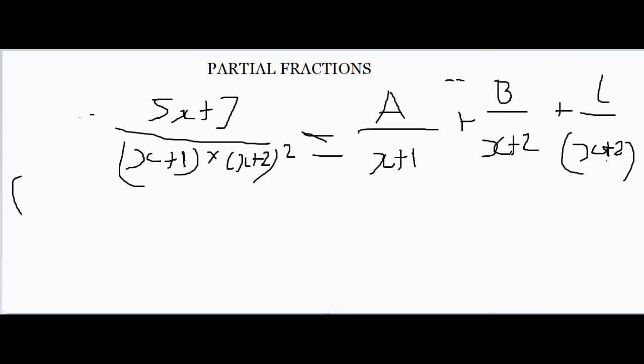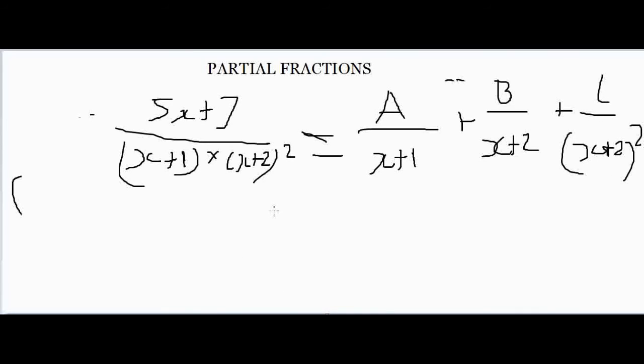So in the case where you repeat the linear factor, you have to write the linear factor by itself under the b term, and then write the linear factor to the power squared under a c term.